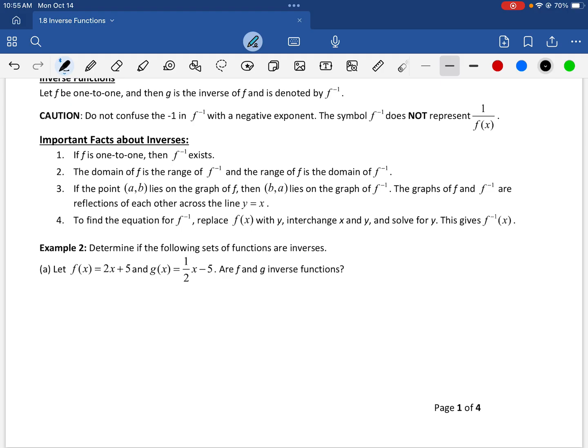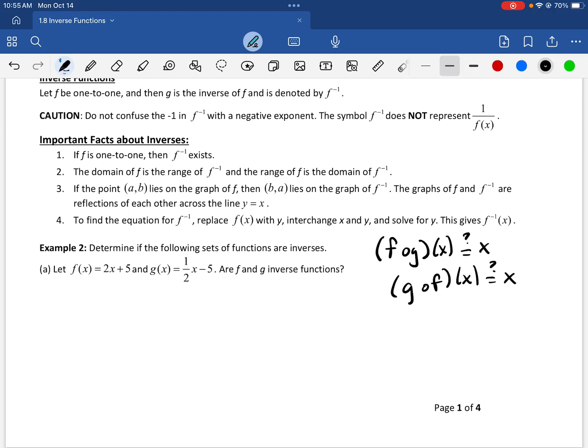We're going to do f of g of x and see if that equals x, and then also g of f of x and see if that equals x. If that is the case, then we will know that these are inverses of one another.